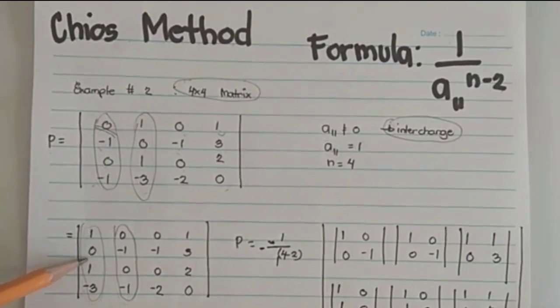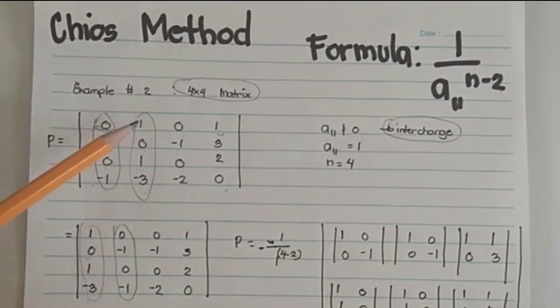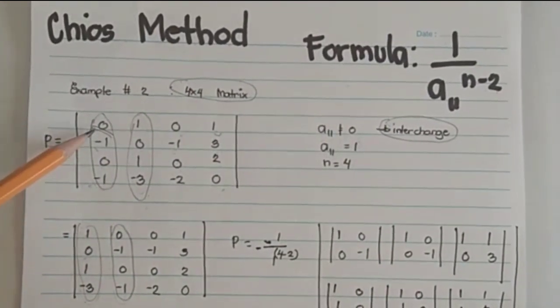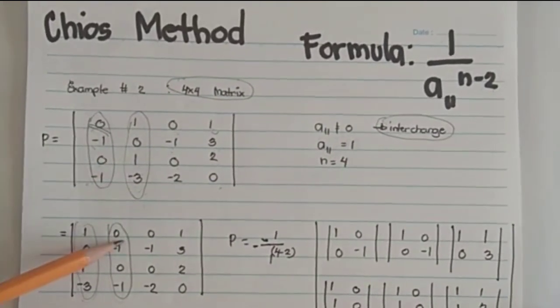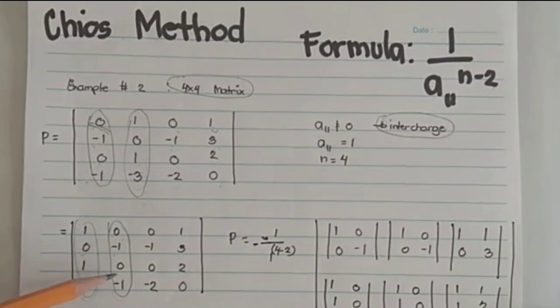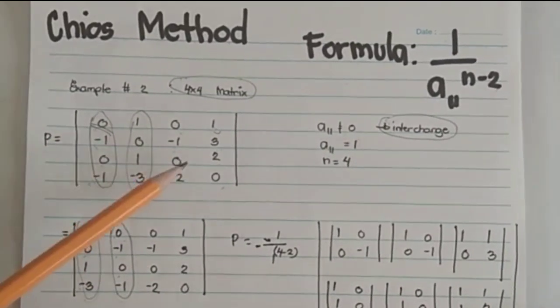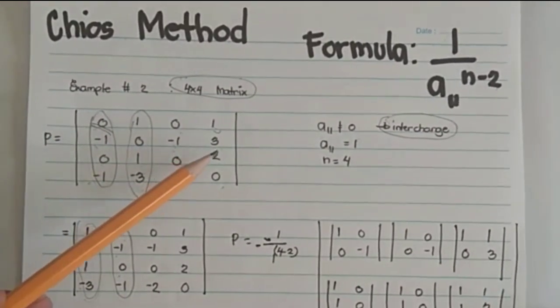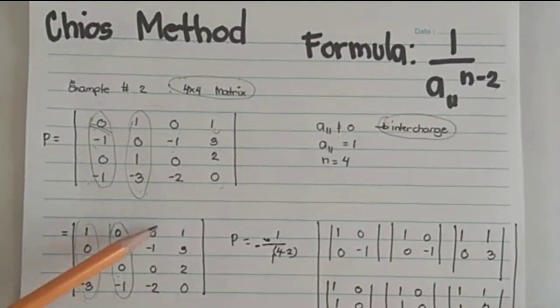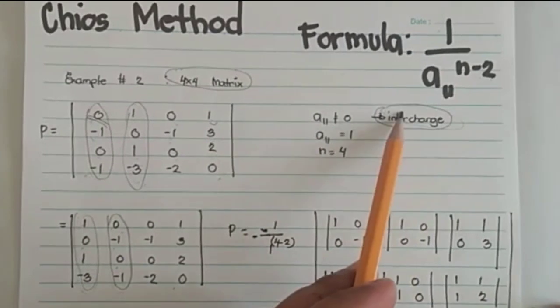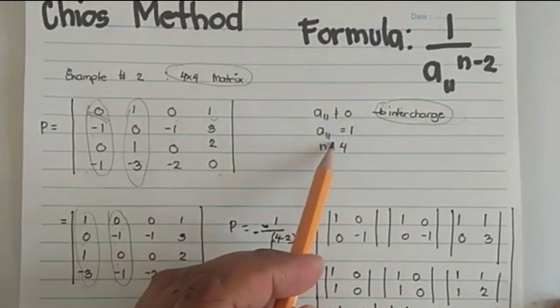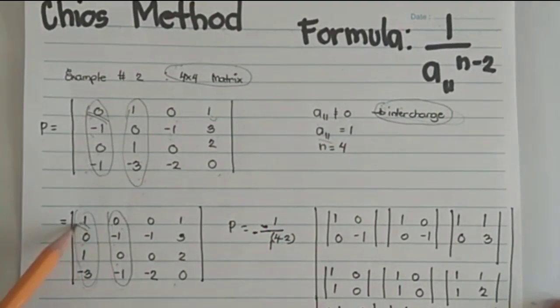So we have 1, 0, 1, negative 3. Okay? And then for the first column, we need to interchange it to the second column. 0, negative 1, 0, negative 1. And the other columns, third and fourth, remain the same. Okay? So after making the interchange, our a11 now is equal to 1.